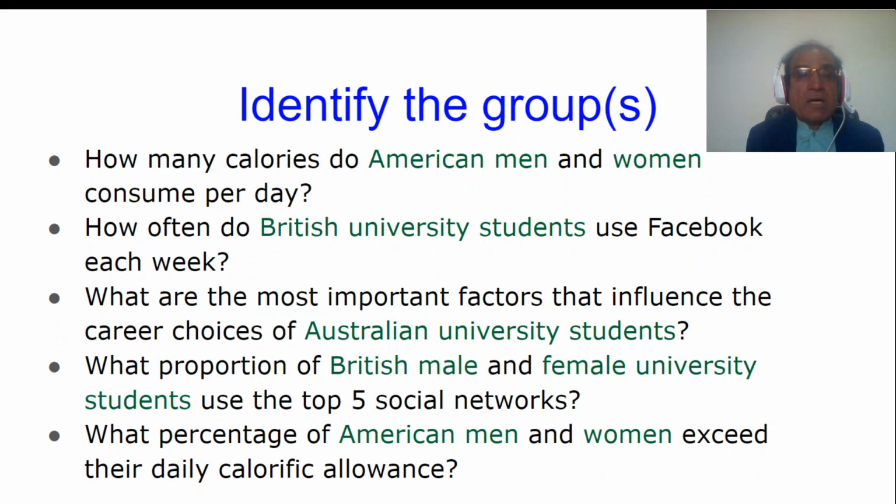What proportion of British male and female university students use the top five social networks? British male and female students is the group. And what percentage of American men and women exceed their daily caloric allowance? Here, American men and women are the group. So in this way, you can identify the group in your research questions.